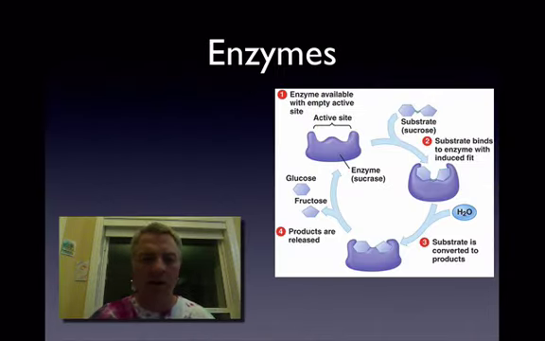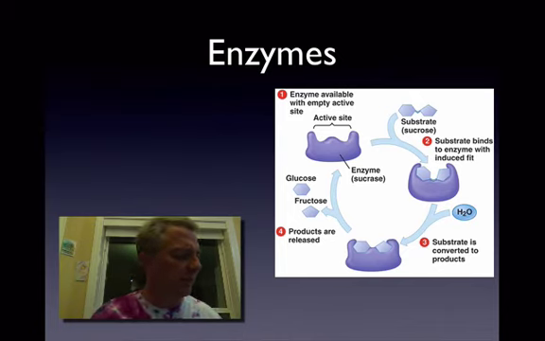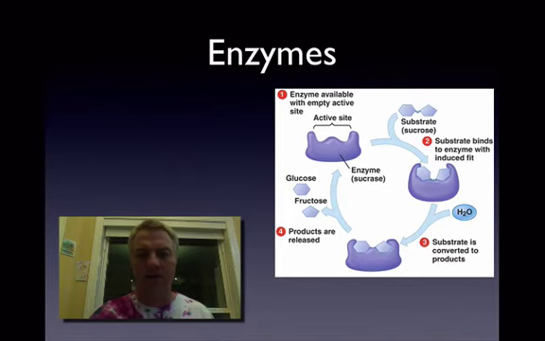I do want to talk a little bit about enzymes, and this will be the last thing we talk about in this presentation. There are some key things you need to understand about enzymes, and we'll be doing a lab on enzymes coming up hopefully very soon, maybe one day next week. There's a couple key features to enzymes I want you to notice.